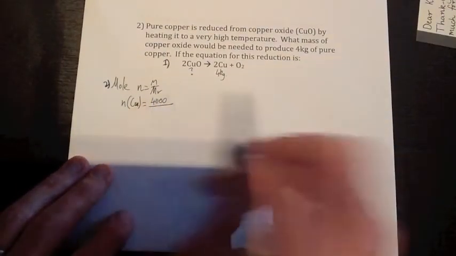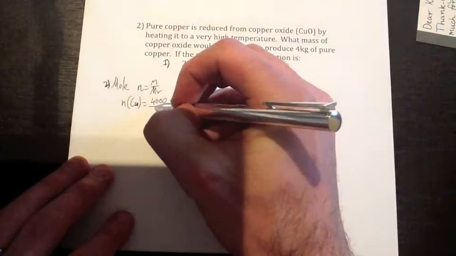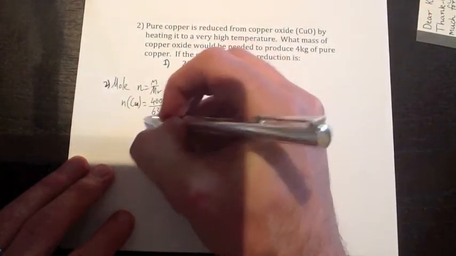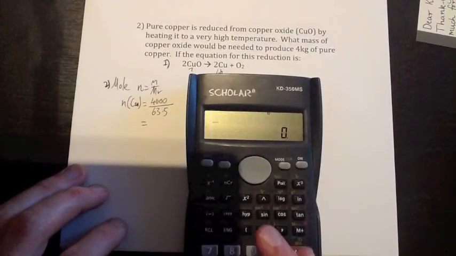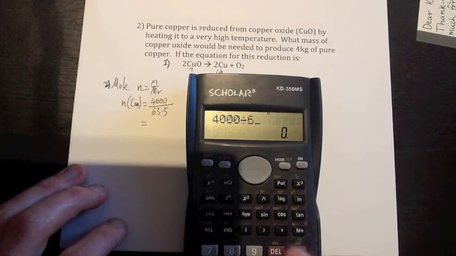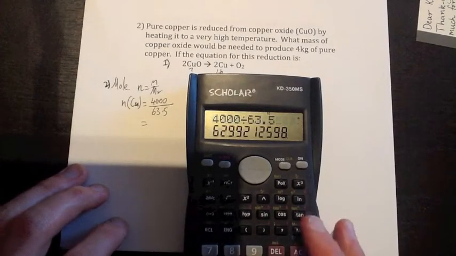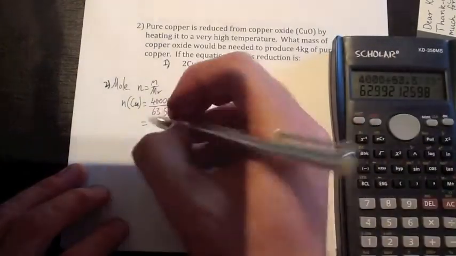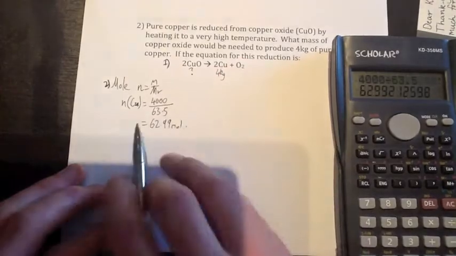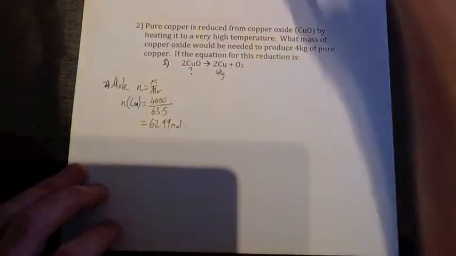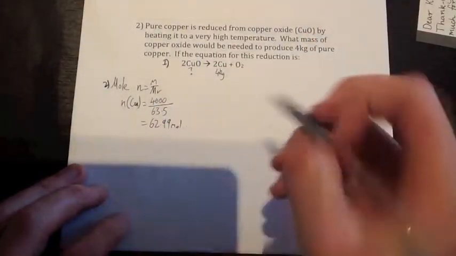Divided by the molar mass, which we get from our periodic table, and that is 63.5. We work this out in our calculator: 4,000 divided by 63.5 equals 62.99 mole, and that is of copper. So that's step 2 done.